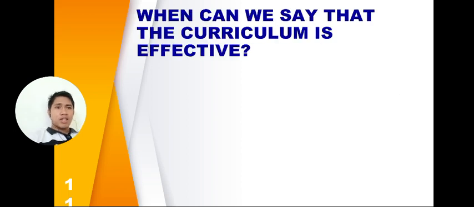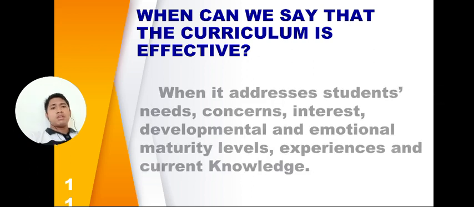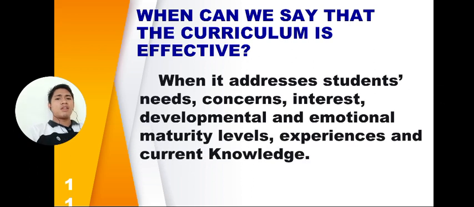So when can we say that the curriculum is effective? Okay, this is the very big question that the higher ups must be looking at also, no? So when it addresses students' needs. If our curriculum addresses what our students need, their concerns and interests, developmental and emotional maturity levels, experiences, and current knowledge, no?